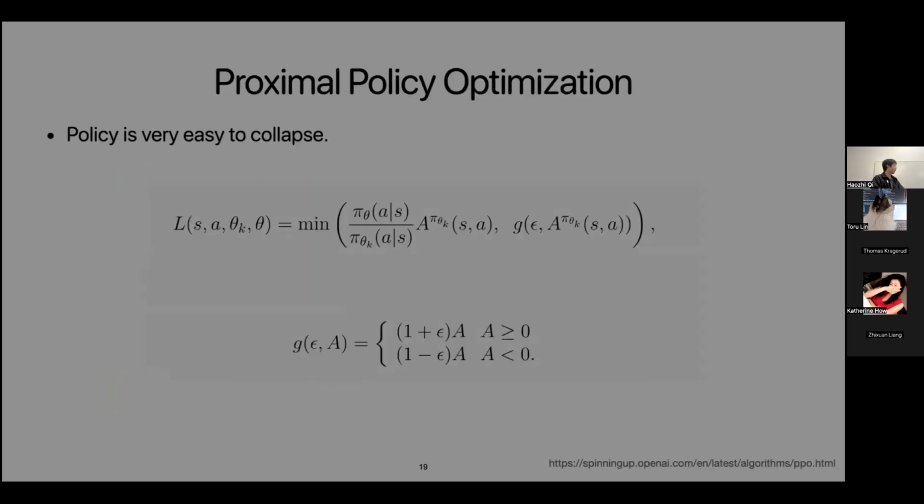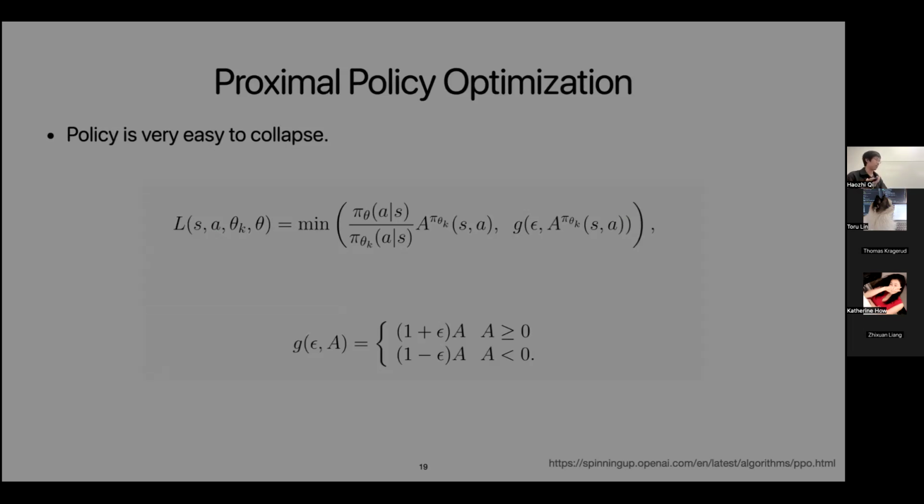Actor-critic solves a lot of problems of vanilla REINFORCE. It increased the training stability and also increased performance. But the problem is that, in the development of RL algorithms, people realized the policy is very easy to collapse.